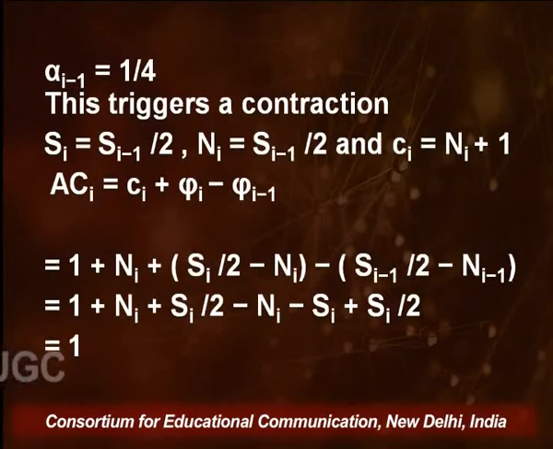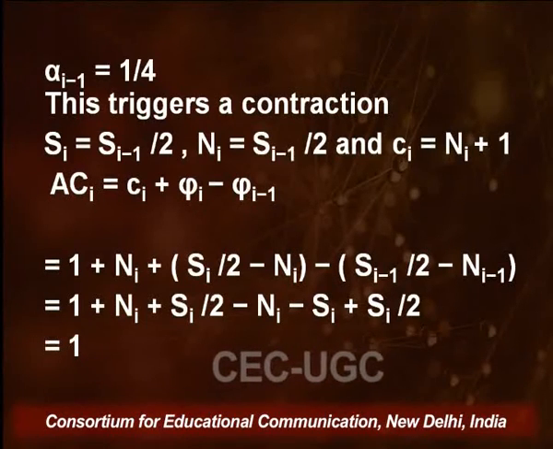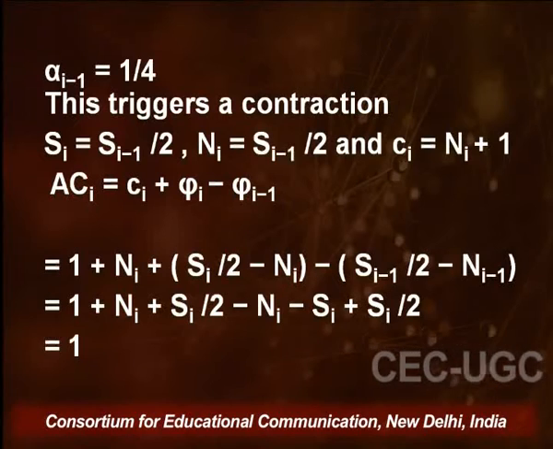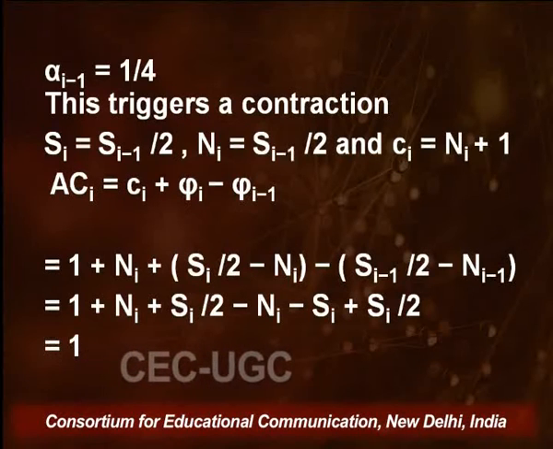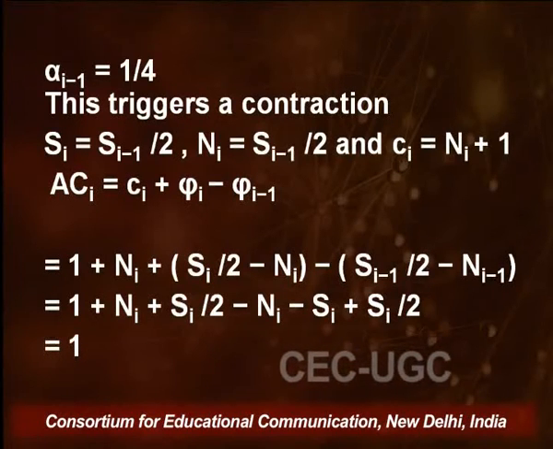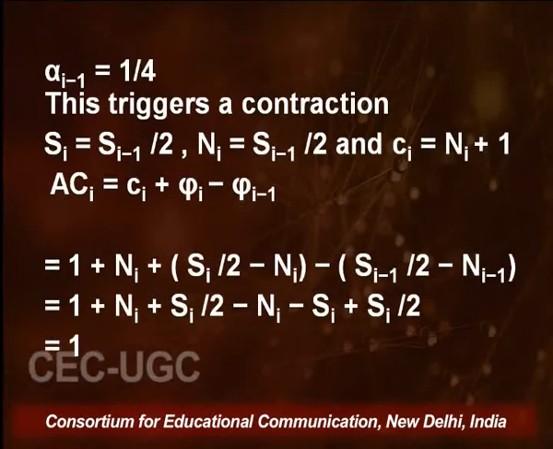So, please try to connect the dots. What is going to happen whenever we perform deletion in this situation? It is going to give you the load factor alpha as less than 1/4. So, load factor alpha less than 1/4, we encounter it, it is going to trigger a contraction.